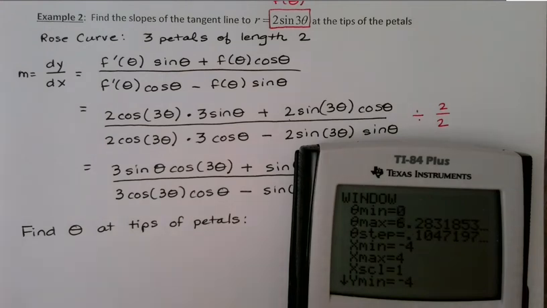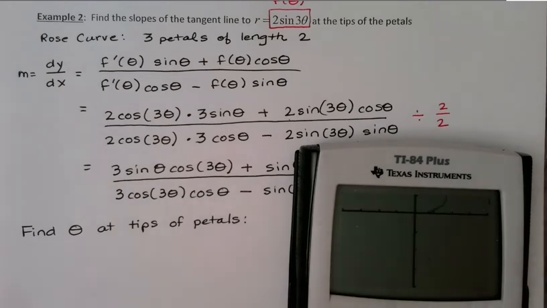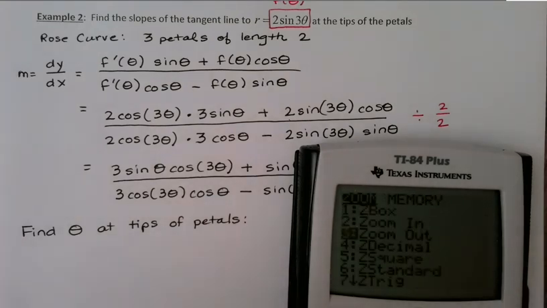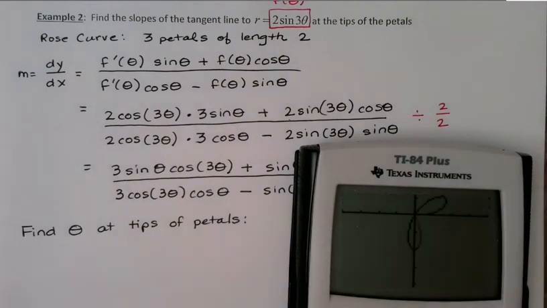I think I only actually need to go from 0 to pi for this one. Oh, no it doesn't look okay. Sorry, my window was off. Let's do the zoom square thing. Well, that was weird. It's actually all right. We can see it, right?